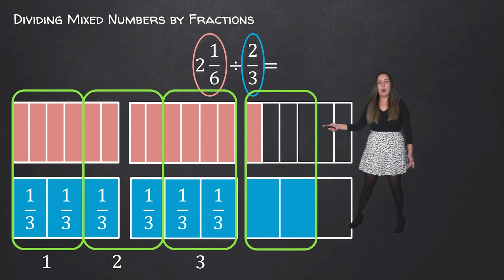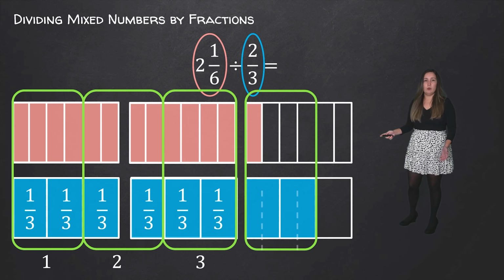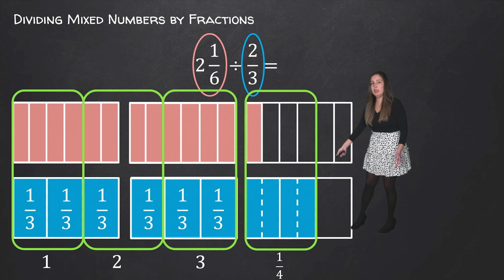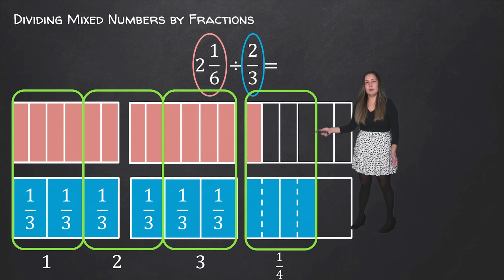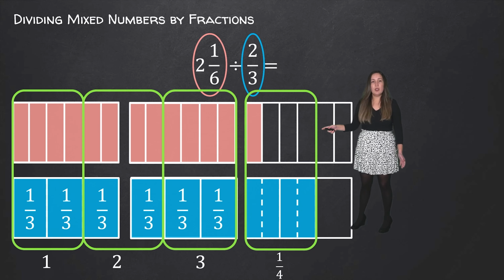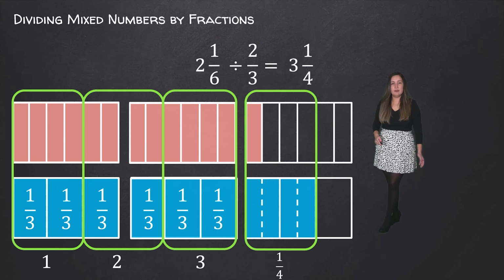So that would be 1/4 of the pieces we need in order to complete those 2/3 on the bottom. All right, so we would need 3 more pieces shaded because we only have 1 out of 4. So our answer here is 3 1/4.